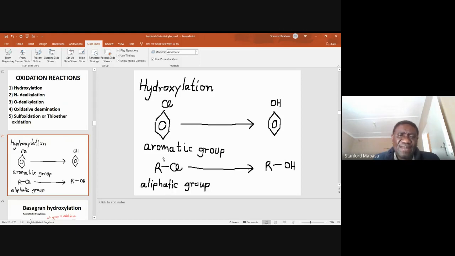If it is an aliphatic group, where we can represent it by R attached to Cl, we can convert it to ROH. This reaction of adding OH to these groups is what is known as hydroxylation, and it is catalyzed by cytochrome P450.